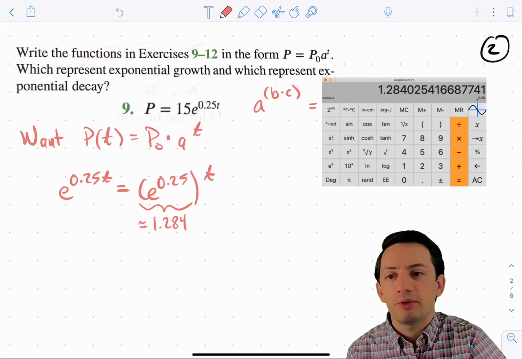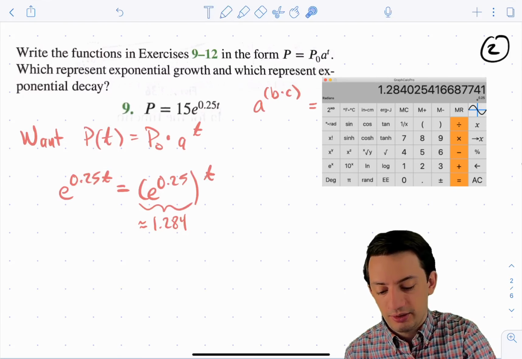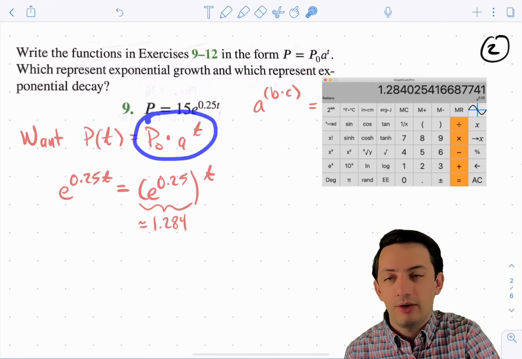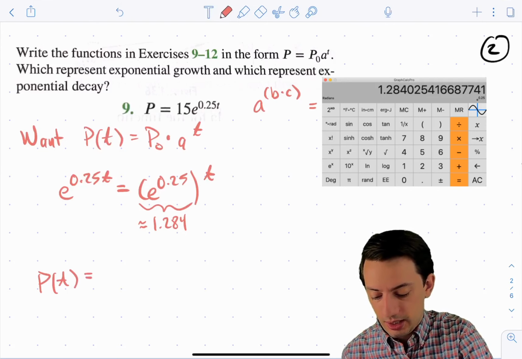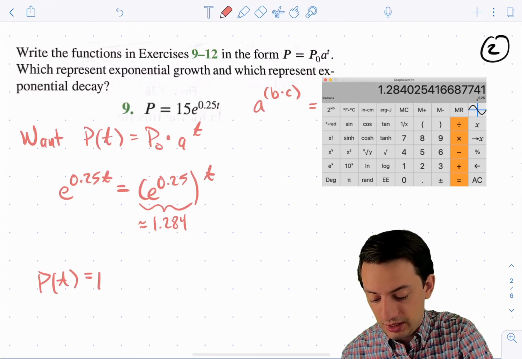OK, so the way that we would write this as this function, if we were to write it this way exactly, meaning not using a numerical approximation like this, we would say P of t is P0, that's our 15, times e to the 0.25 to the t.